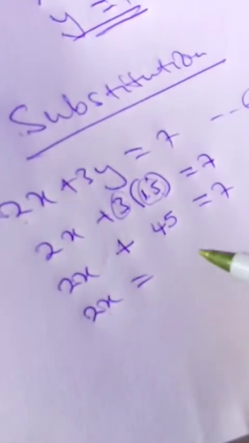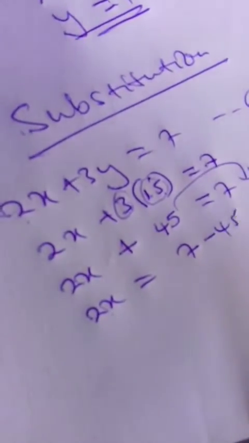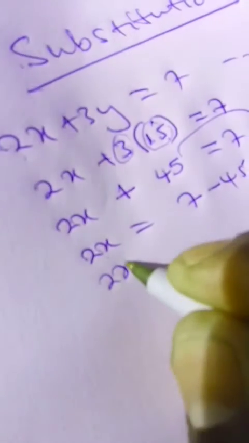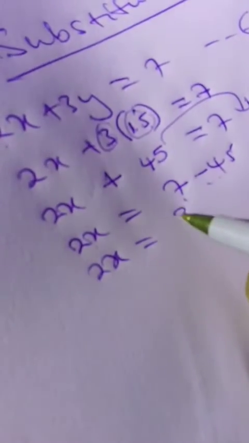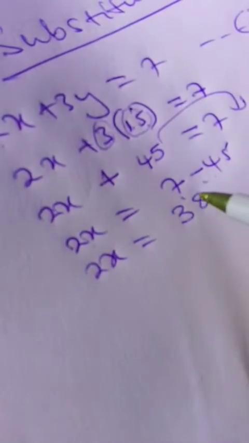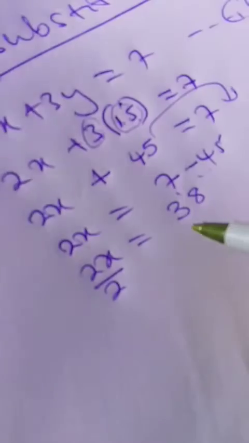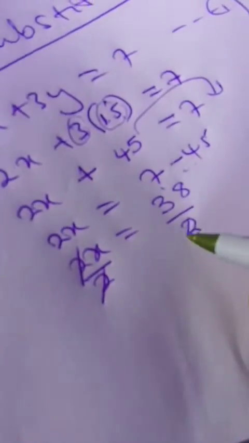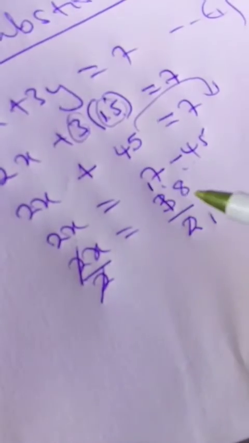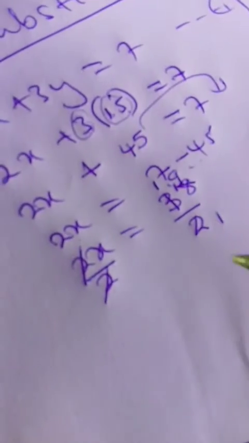Then 2x is equal to 7 minus 45, we get negative 38. So we are going to divide both sides by 2. 2 into 38, we get 19.